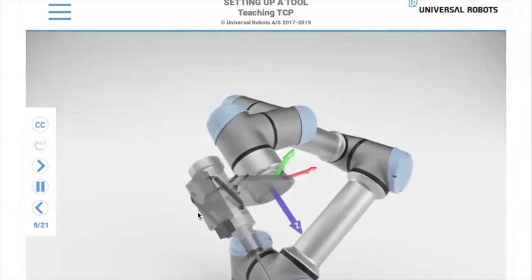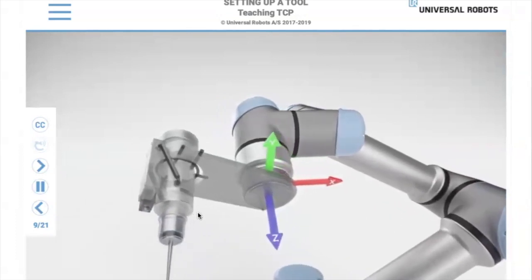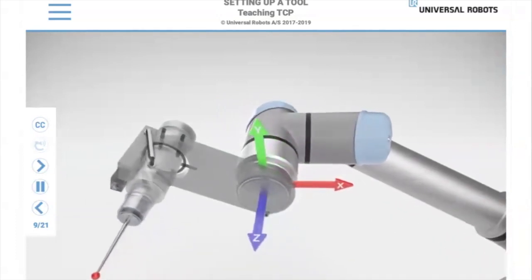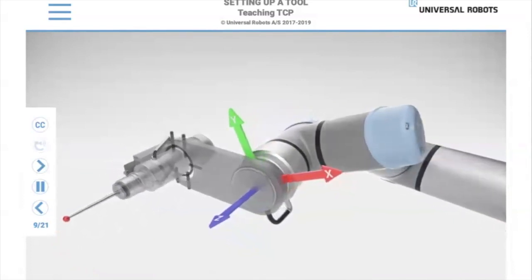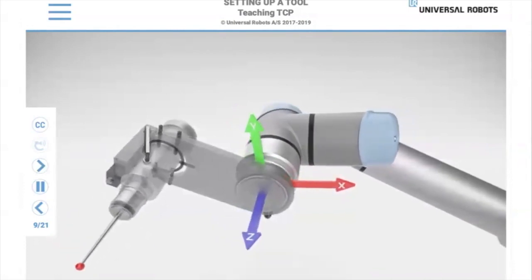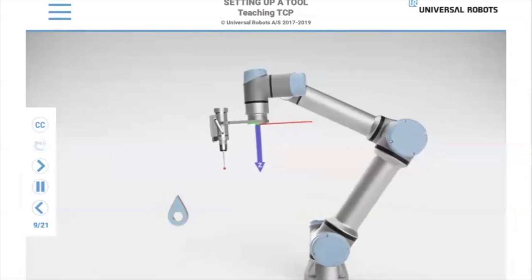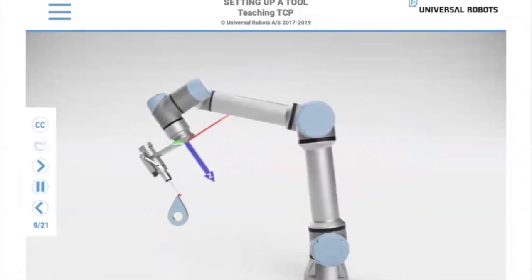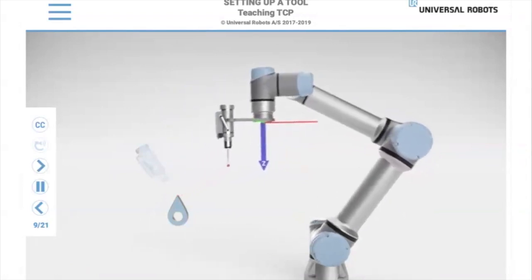If the TCP is offset on all 3 axes, like this glue dispenser, it can be difficult to measure the exact position of the TCP. In this case, you can use the robot's TCP position wizard, and the robot can calculate the TCP position. To teach the robot the TCP, start by moving the TCP to a reference point and save this point.